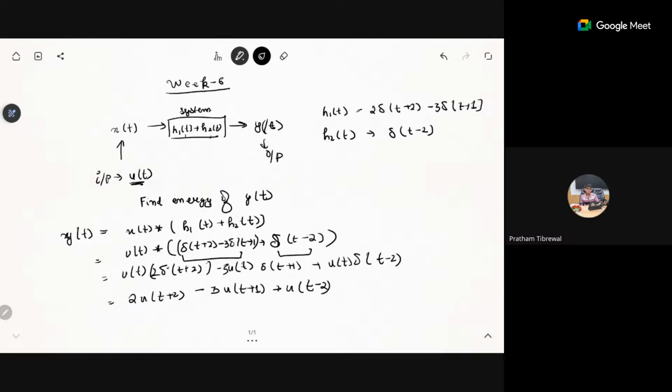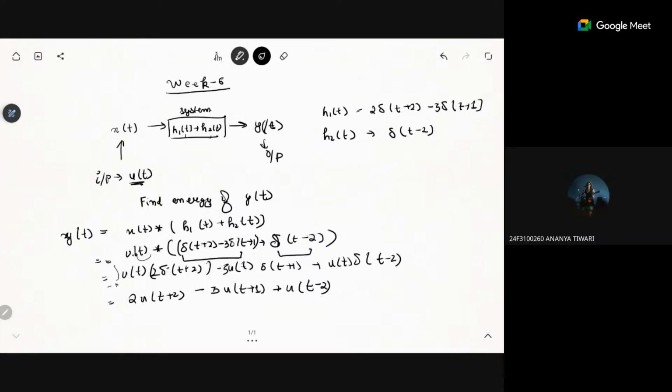I hope everybody gets this answer, right? Excuse me, ma'am, that delta would be written here, right? Because we still haven't done the integration. Yes, it's basically convolution, so this is minus infinity to infinity, not simple multiplication.